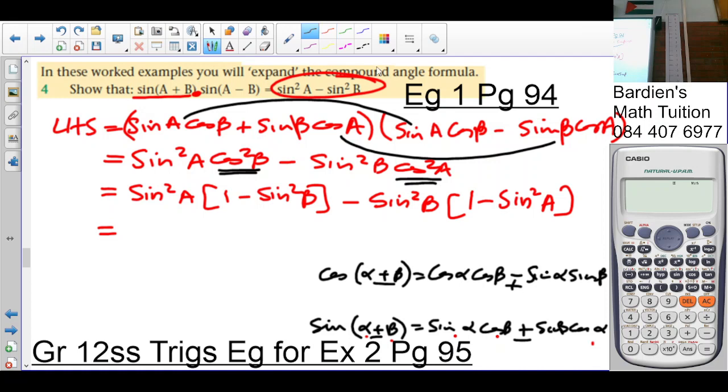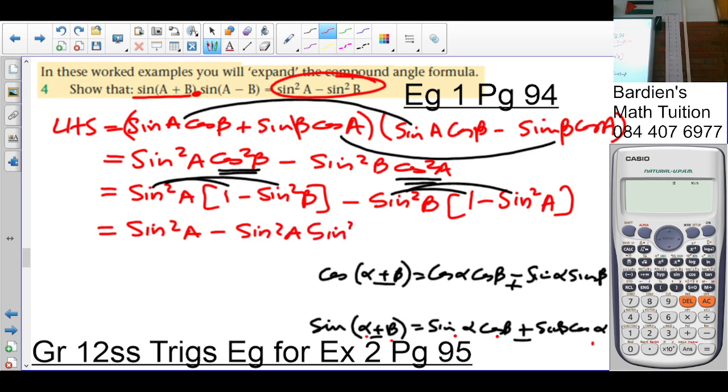We get rid of the brackets, we multiply this out. Okay? So it's going to become sine squared A minus sine squared A sine squared B, minus sine squared B plus sine squared B sine squared A.